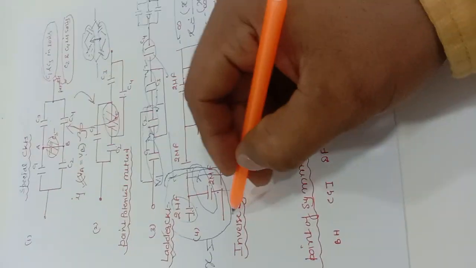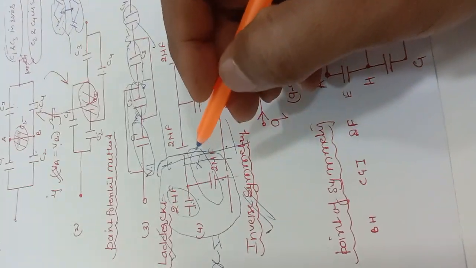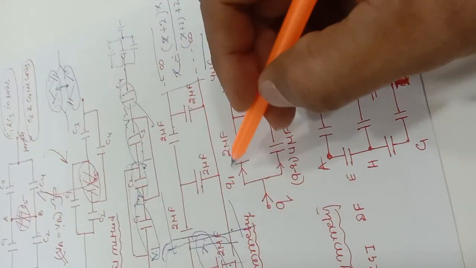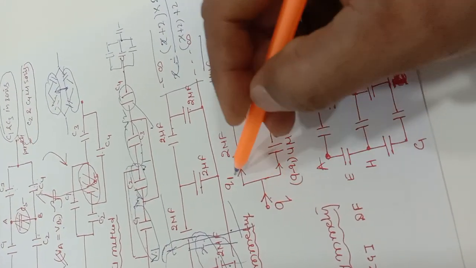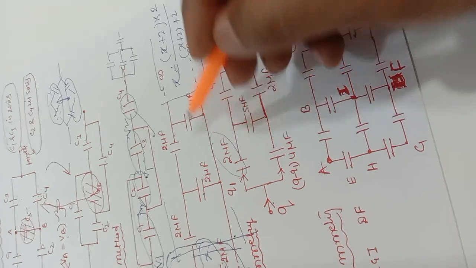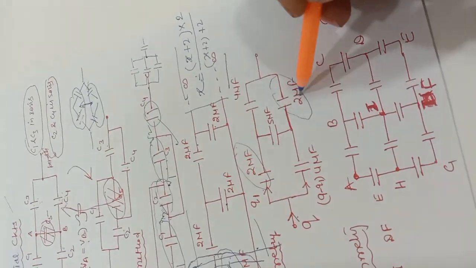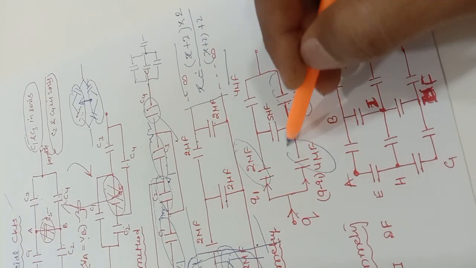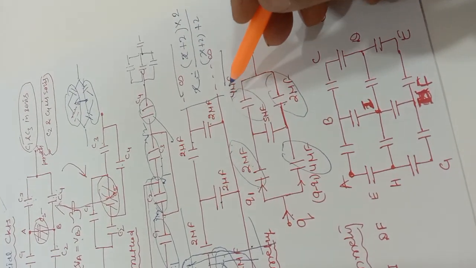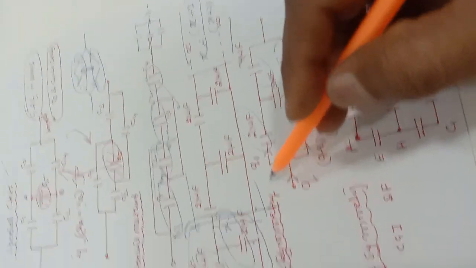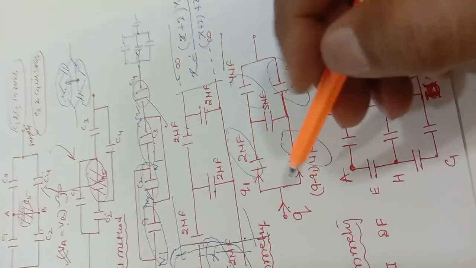Next circuit is called inverse symmetry. Here you can see, let's say total charge Q comes in. The 2 and 2 are connected in an opposite manner, and the 4 and 4 are connected in an opposite manner. So this is called inverse symmetry.